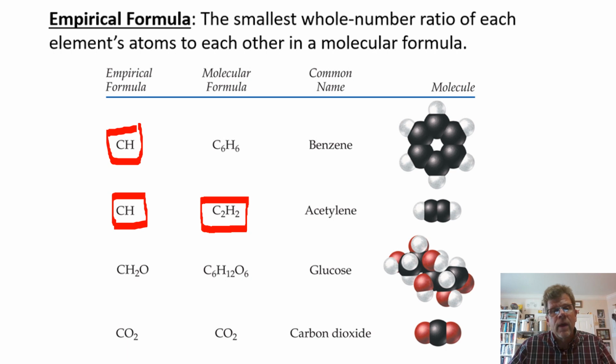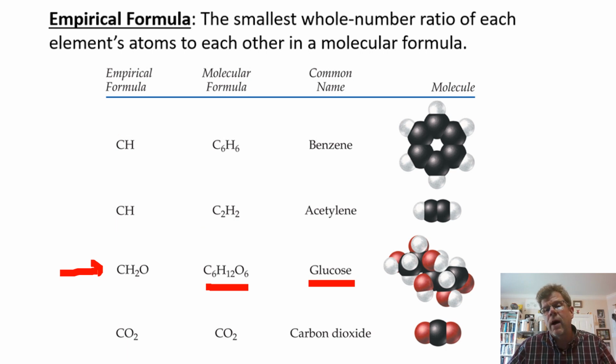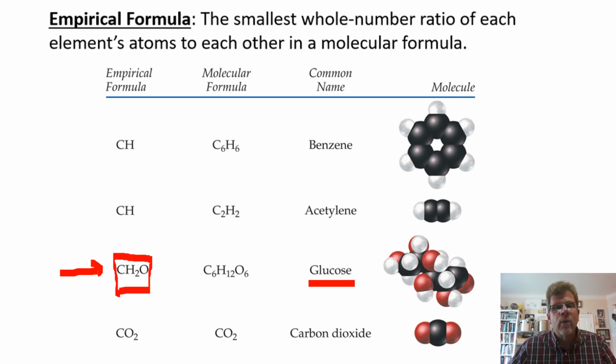Moving on down, let's look at this third one right here. Glucose. Glucose is a complex carbohydrate molecule, C6H12O6. So is there an empirical formula? Is there a way we can reduce this by looking at those subscripts? And we would say yes, indeed, because each of those subscripts is evenly divided by the number 6. And if we did that with each of them, and it is important that we do it with each of them, we come up with CH2O as the empirical formula of glucose.